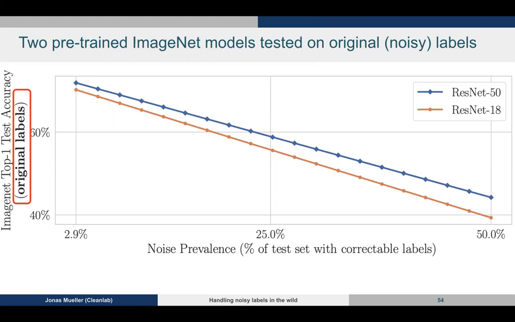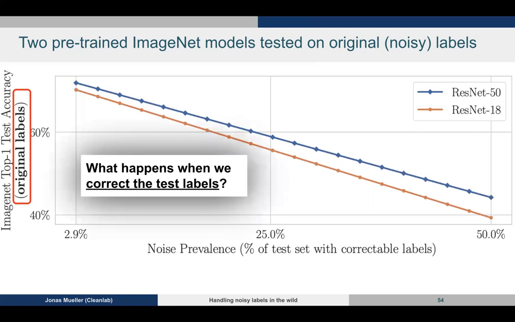So the percentage of data that had a correctable label in the test set. And you can see here, if you measure the accuracy just on the original labels originally given in the data set, ResNet 50 looks better than ResNet 18, uniformly across all these test sets. And that's sort of in line with all the literature.